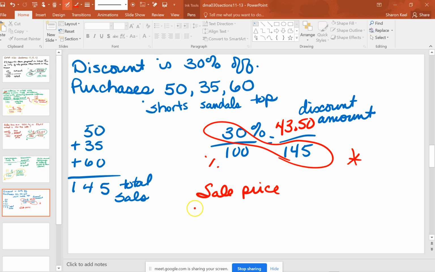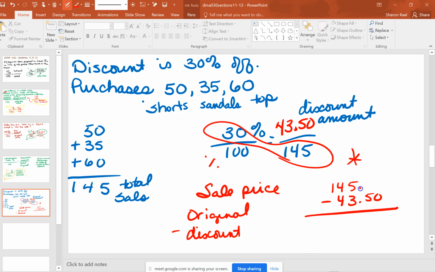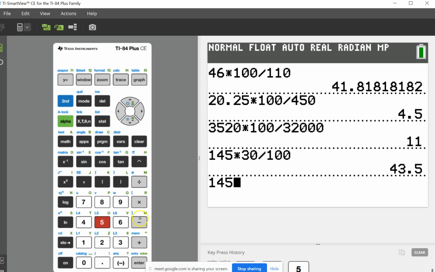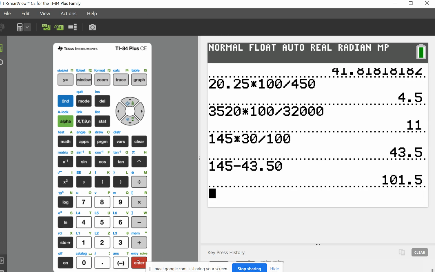So what we're going to do is take the sale price. To calculate the sale price, we're going to take the original minus the discount. So we're going to do 145 minus 43.50, and so 145 minus the $43.50 is going to give us a sale price of $101.50.